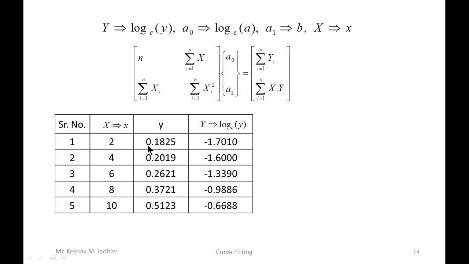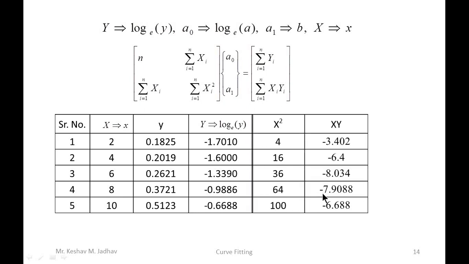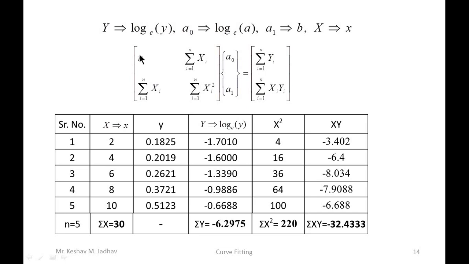So here log of 0.1825 is equal to minus 1.7010 and so on. Now here we need x square values and xy values. So we will add these two columns. Let us calculate the summations. Here n is the number of data points, which is 5.